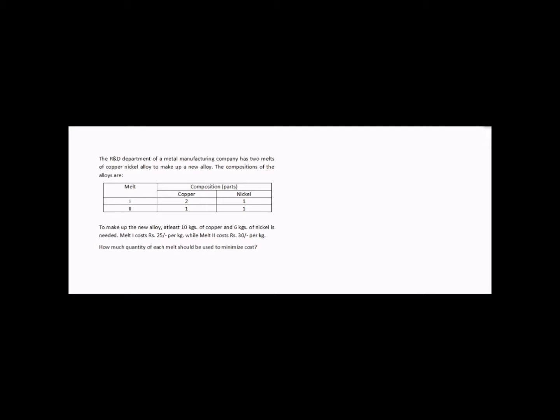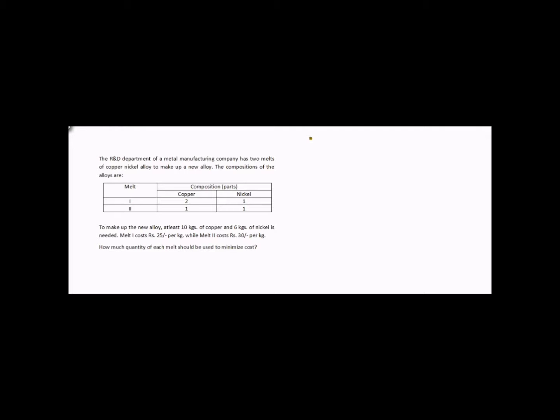Now we have already seen how to formulate the linear programming model for this problem in another video of linear programming model formulation. So let us note down the linear programming model that we had arrived at in the other video and see how we can solve that using graphical method.